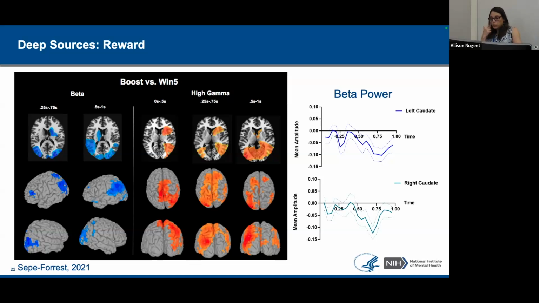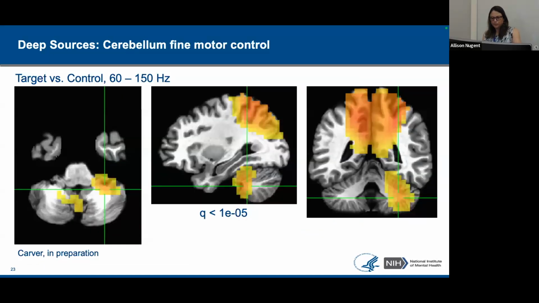When we looked at this boost reward condition, we found decreases in beta power and increases in high gamma power in the left and right caudate. So we were absolutely able to demonstrate MEG signals from deep basal ganglia sources.